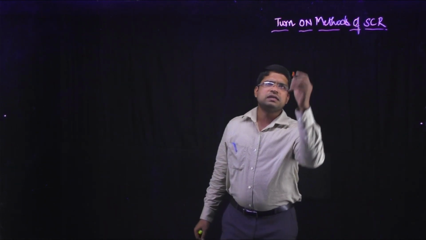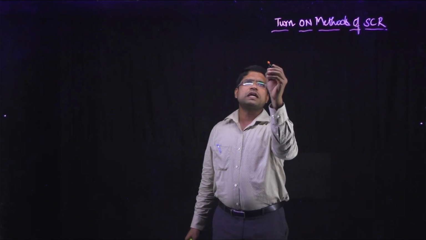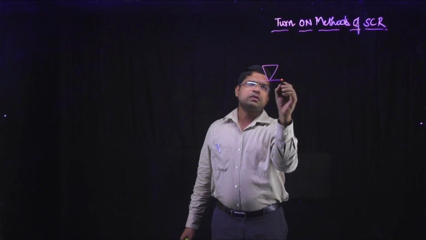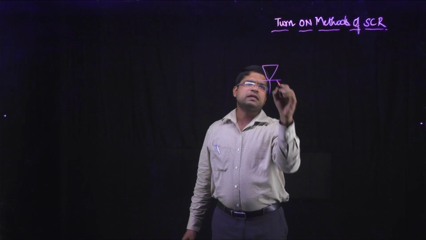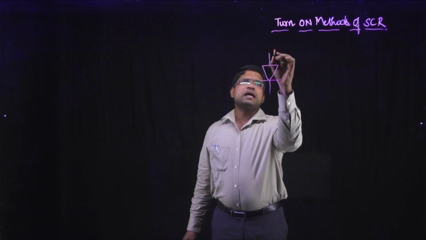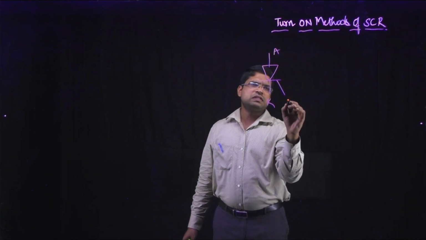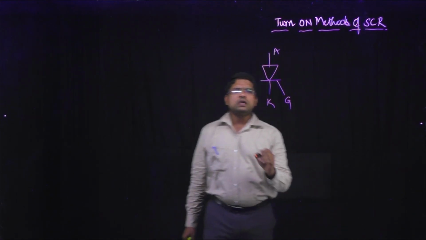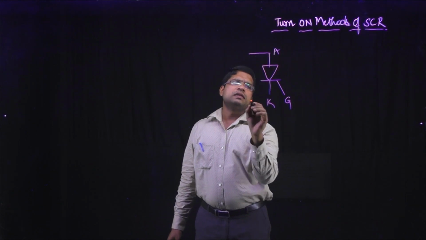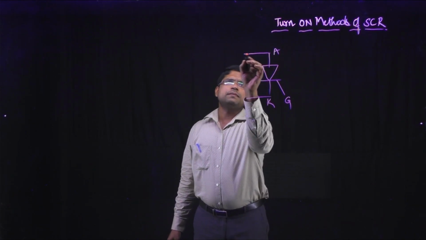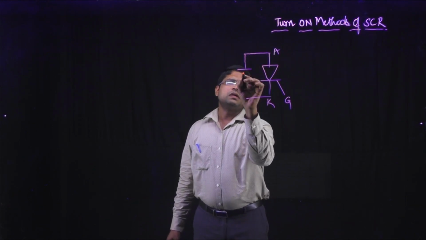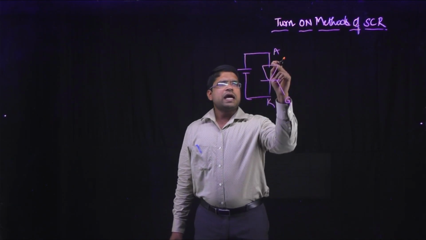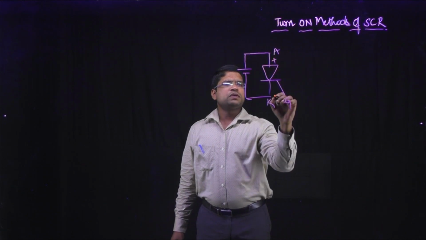Let us take a simple structure of an SCR, with the anode, cathode and gate terminal. Suppose the voltage applied across the SCR is such that the anode is made positive with respect to cathode.